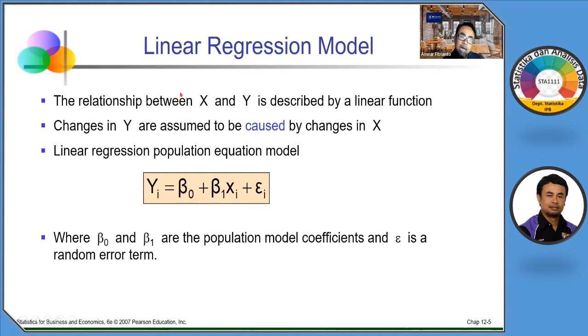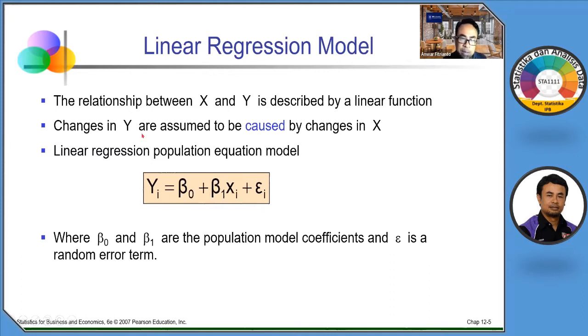Now in more detail, the independent variable must be specified as X, and the dependent variable must be symbolized by Y. There are many types of relationship between X and Y, but in this lecture we talk about the linear function only. We don't talk about the more complicated functions.